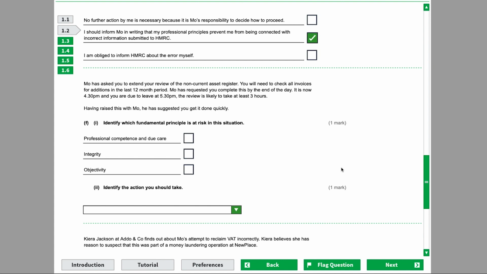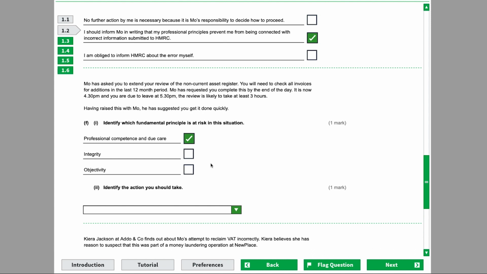Identify which fundamental principle is at risk in this situation. I think this one is a relatively straightforward one. So this would be your professional competence and due care, particularly around the due care.